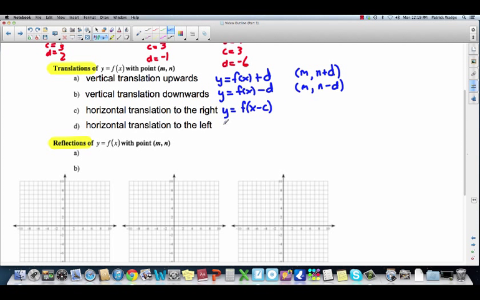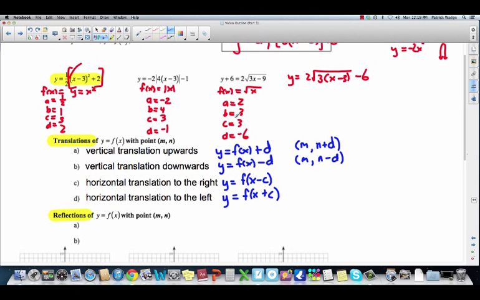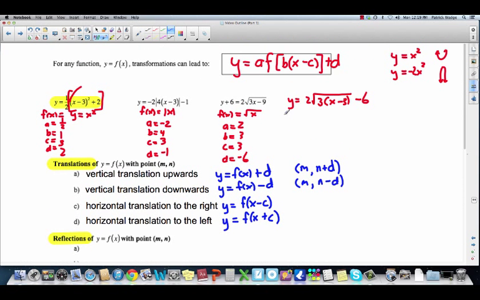And if it's a horizontal translation to the left, it looks like y equals f of x plus c. Why did I put c here? Because it's the c letter, if you look back up here, that impacts whether it goes left or right. So I'm just trying to key you into which letter in this master equation you have to look for when you're looking at horizontal translations.